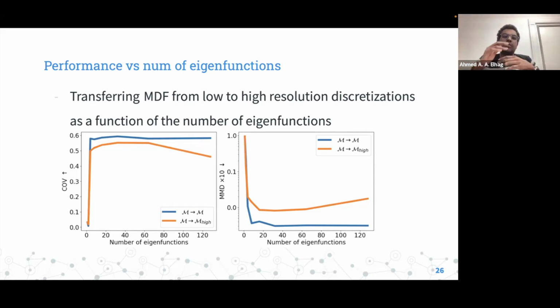So when you have a very large number of eigenvectors, you are getting a lot of details about your manifold. That is why the gap increases between when you transfer and when you train on the same mesh: the model is getting more details about the high resolution mesh.